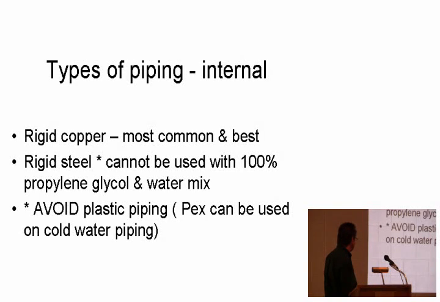One thing that I do recommend to people is to avoid PEX piping. I've done testing when I worked in the research lab with different types of plastic piping, and basically almost everything out there is designed for the temperature not to exceed boiling water. And solar systems will exceed the boiling point of water, so you don't really want to use PEX piping other than for cold water piping.